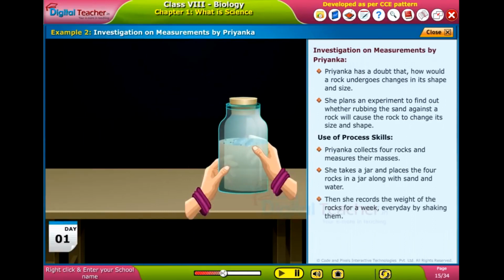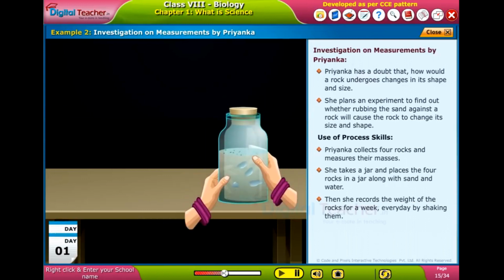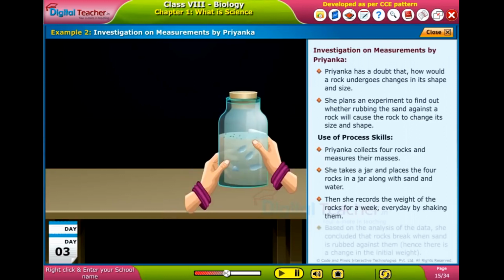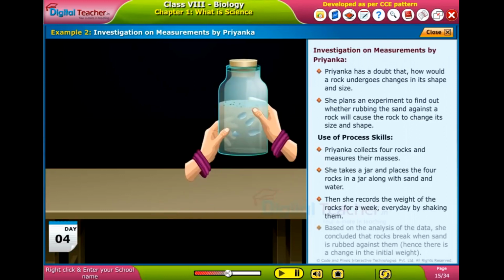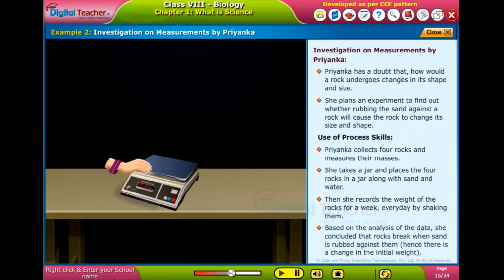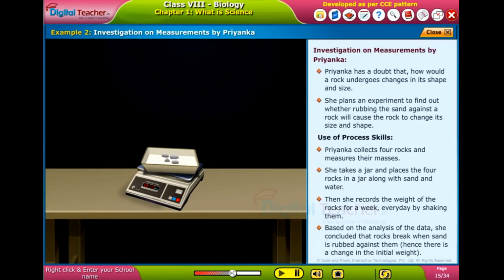Then she records the weight of the rocks every day for a week by shaking them. Based on the analysis of the data, she concluded that rocks break when sand is rubbed against them. Hence, there is a change in the initial weight.